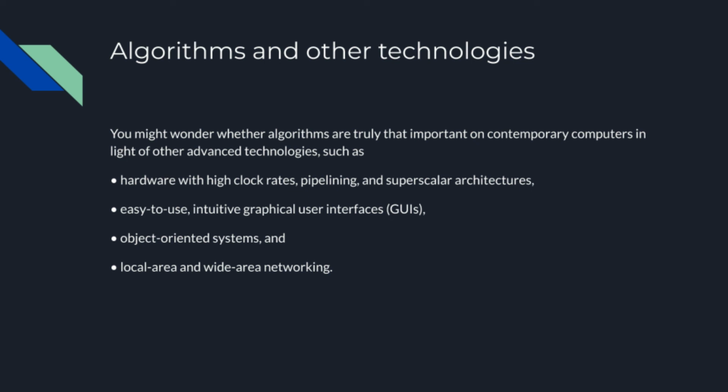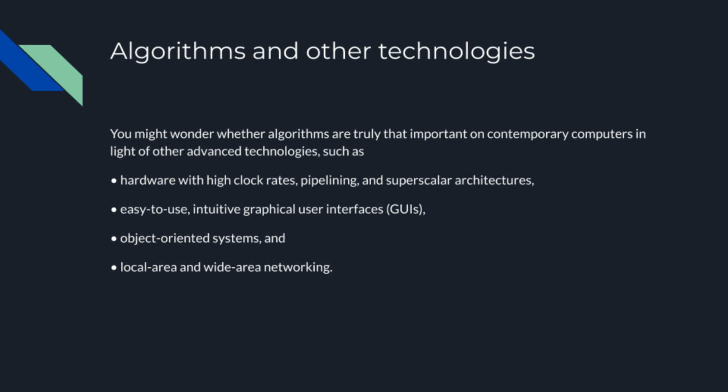Its implementation would rely on fast hardware, a graphical user interface, wide area networking, and also possibly on object orientation. However, it would also require algorithms for certain operations, such as finding routes, probably using a shortest path algorithm, rendering maps, and interpolating addresses.